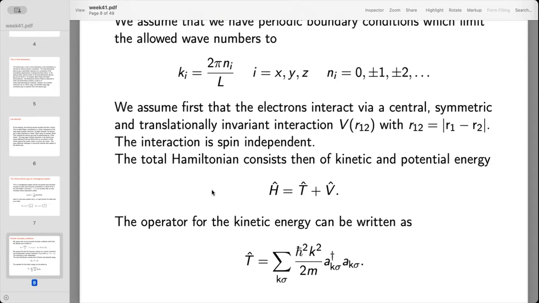So now it's time to switch over to the whiteboard and look at some technicalities of the electron gas. And after we've gone through some of these basic technicalities, we are going to look at the calculation of the Hartree-Fock energy for the electron gas. So any questions so far? Does this sound okay? So this is the setting of the machinery which we are going to use.